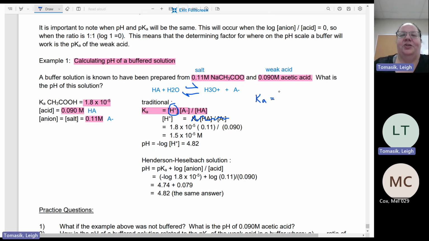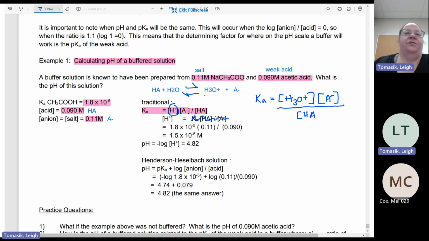Here's the equilibrium expression: Ka equals H3O plus, I can use H3O plus because we have it here, times A minus, all over HA.